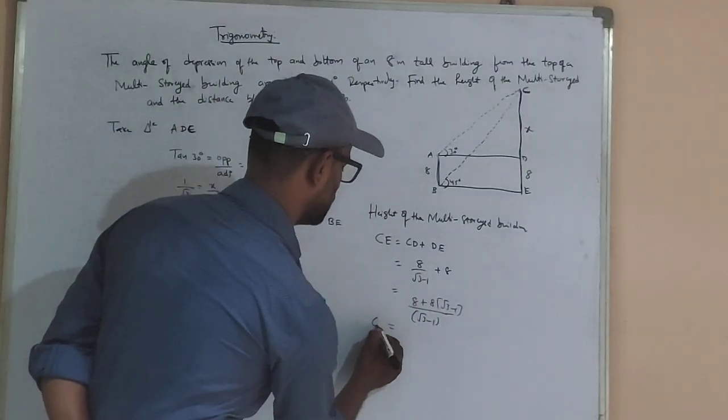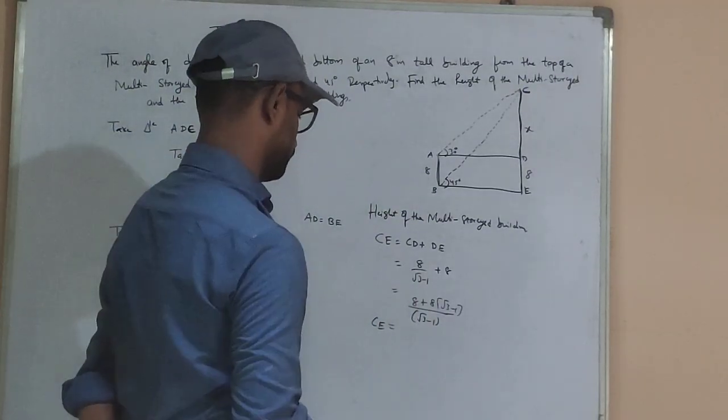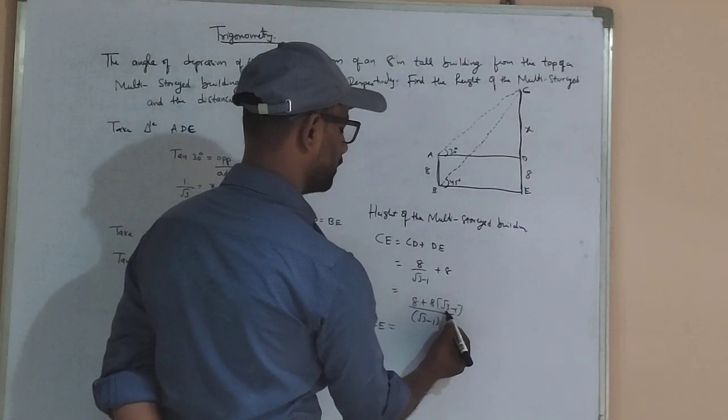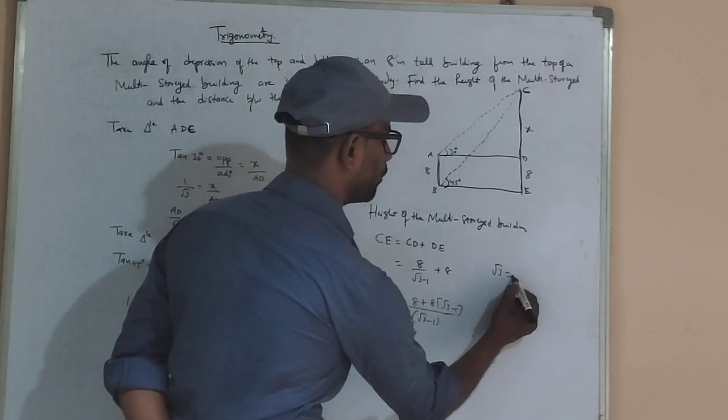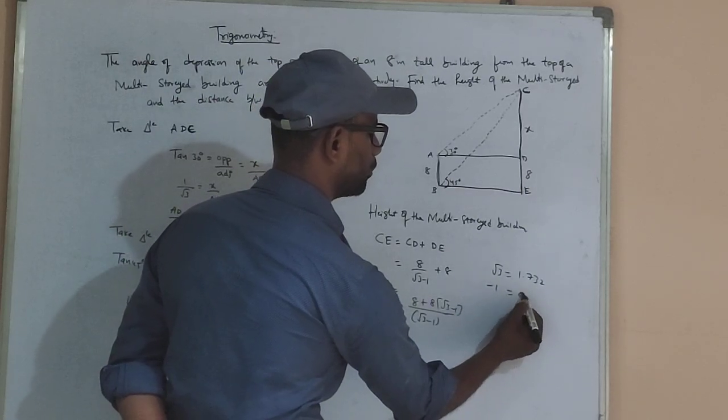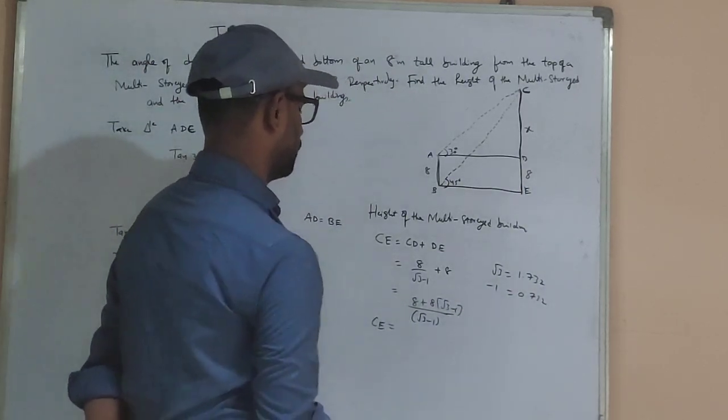So then CE is equal to, so the value of root 3 is equal to 1.732. So root 3 minus 1 means 0.732.